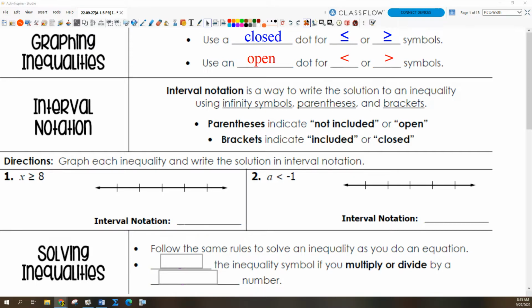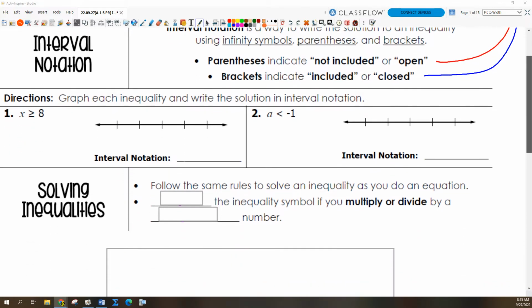So parentheses go with open endpoints, inequalities with no equal signs, and brackets correspond to closed endpoints or inequalities with equal signs.